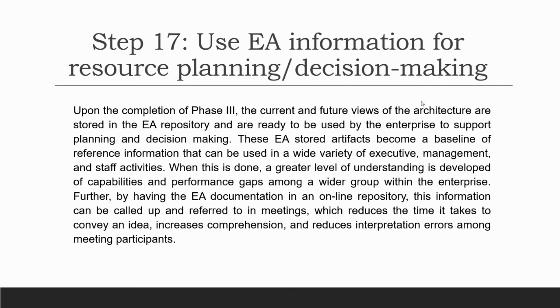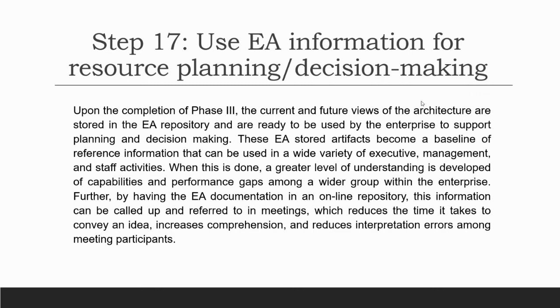Use EA information for resource planning and decision making. Upon the completion of phase 2, the current and future views of the architecture are stored in the repository and are ready to be used by the enterprise to support planning and decision making.